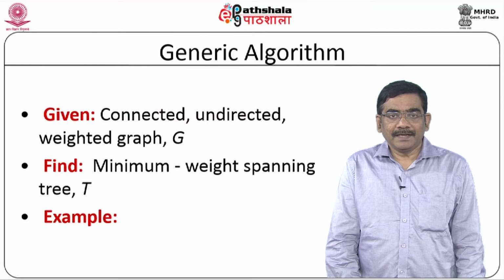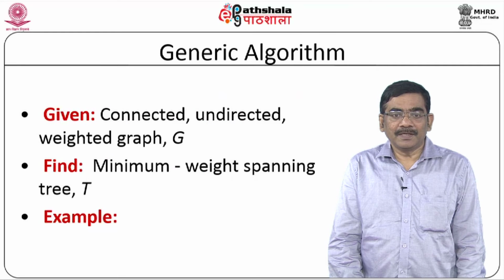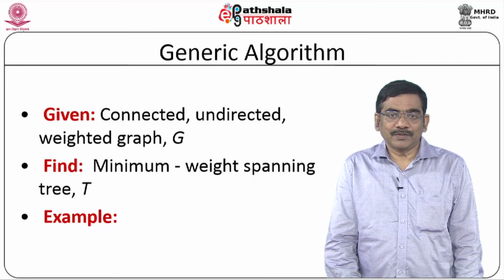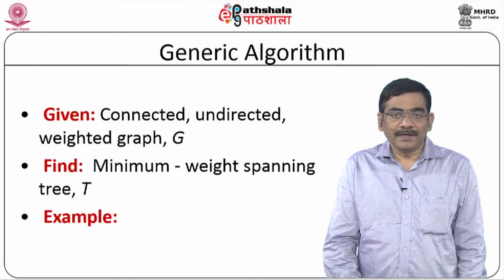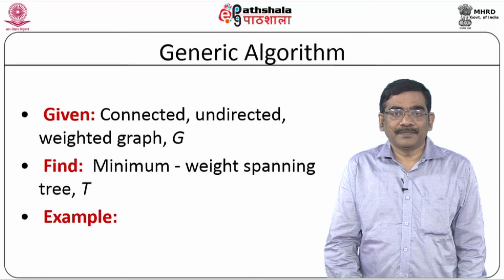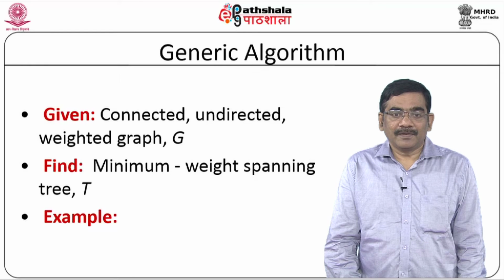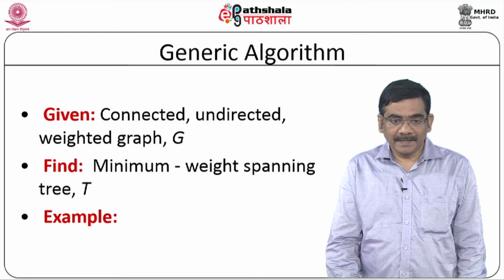So, the generic algorithm, which is the common denominator of these two algorithms, can be written first, then we can branch out for each and every individual algorithm. The generic algorithm is like this: given a connected undirected weighted graph G, the aim of this algorithm is to find the spanning tree with the minimum weight, that is going to be T.